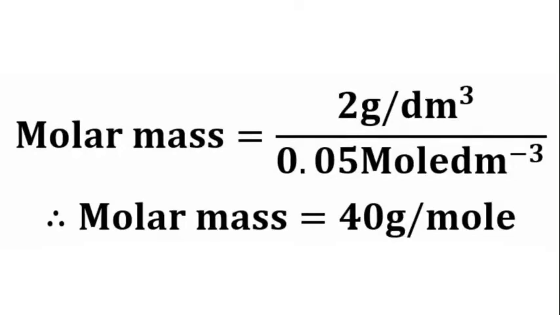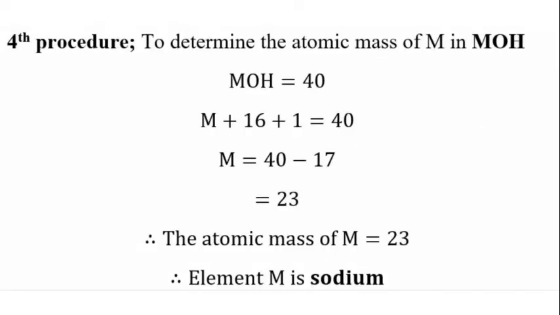So the molar mass of metal hydroxide is 2 grams per decimeter cube over 0.05 mole per decimeter cube. So the molar mass is 40 grams per mole. Procedure number 4 is to determine the atomic mass of metal M in metal hydroxide. After getting the molar mass, we can get the relative atomic mass.